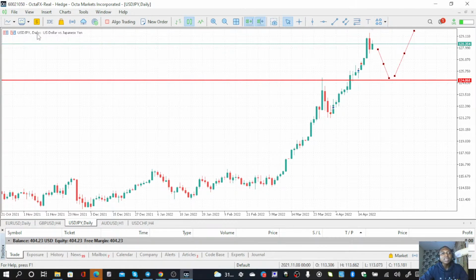Now let's go to the 4 hours time frame. So you see, swing traders might see this market as a short opportunity. However, there might also be another opportunity for a trader looking at the 4 hours time frame or the 1 hour time frame.